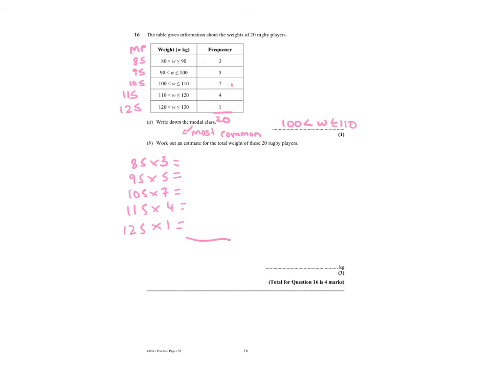I'm going to work them all out. So 85 times 3 is 255, 95 times 5, 475, 105 times 7, 749.